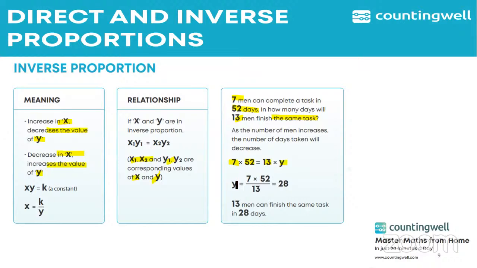To find the value of y, we'll multiply 7 and 52 and divide by 13. So we have 28. So 13 men can finish the same task in 28 days. So here you can see 7 men required 52 days to complete the task, whereas 13 men require only 28 days to complete the task.